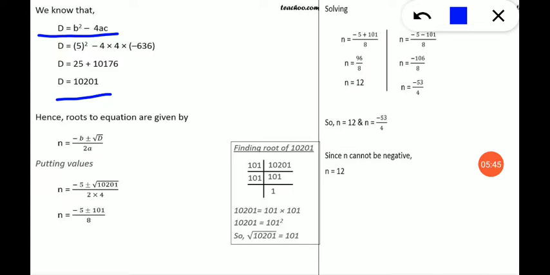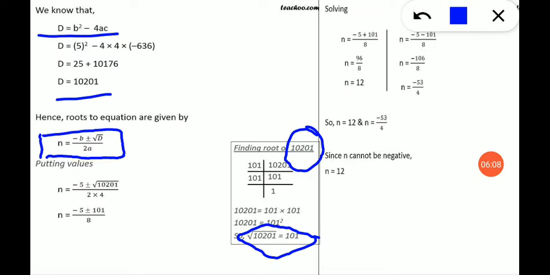Now we have to find the roots of the equation. Since we are finding n, I have written n. n is equal to minus b plus minus root D by 2a. Here a short way to solve the root of 10,201, and we get the square root of 10,201 as 101.